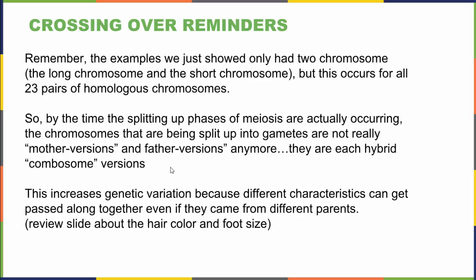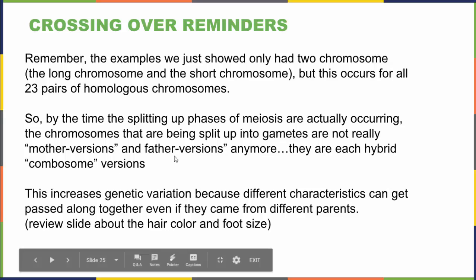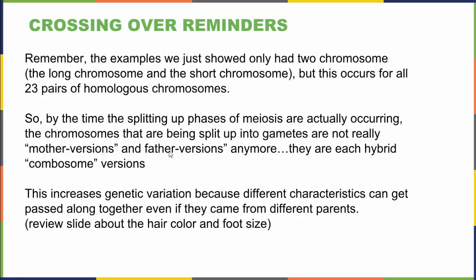So it's important when we initially start describing meiosis that we say, okay, we're separating the homologous chromosomes, so we're separating the mother version and we're separating the father version. But once we've talked about recombination, we can see that we don't really have just the straight red version or the straight blue version.